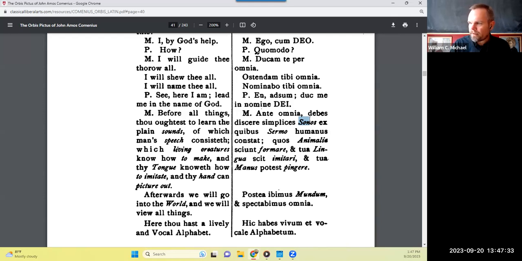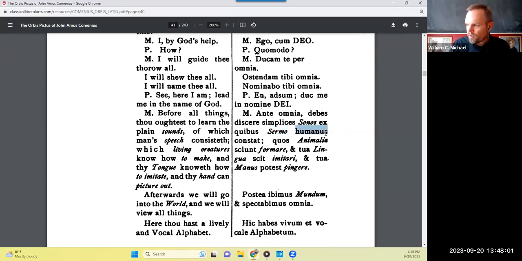Ex quibus means of which or from which. You can see it translated of which. Sermo means speech. You can see it's in italics, and speech here is in italics. So what English word can you think of that is drawn from sermo? Pretty easy. Sermon, right? Sermon is a speech. That's an easy one. Sermo humanus.